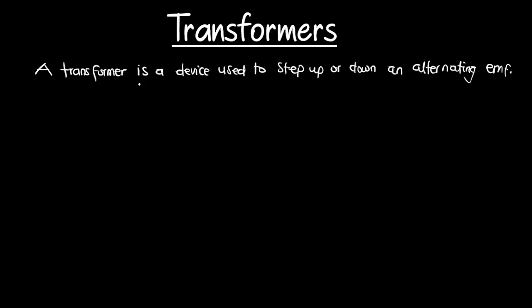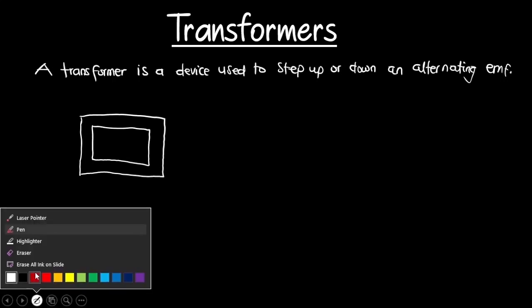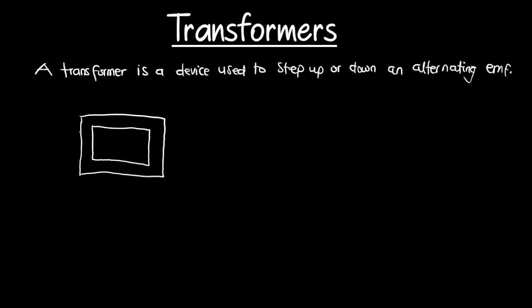So let's have a general overview of what a transformer looks like. Basically, a transformer has what we call a soft iron core. So I'll draw the iron core like this. Then it has some coils around it. This coil has a name, we'll be looking at that.